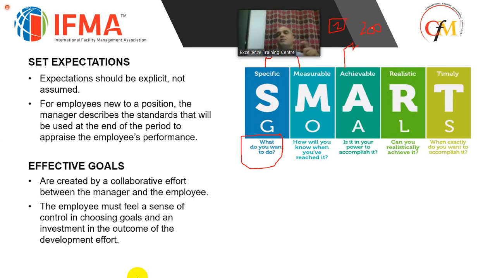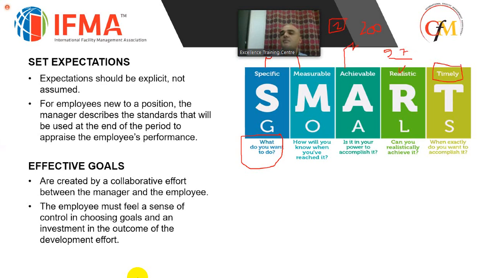So for a goal to be smart, it has to be a little bit of a stretch. Someone who has done 5 million last year, maybe I make it 7 million this year, or 6 million, something like that. And not 20 or whatever. They will say, how the hell can I get 20? So this is realistic and achievable.